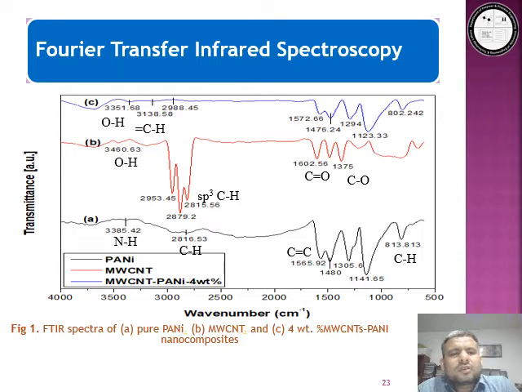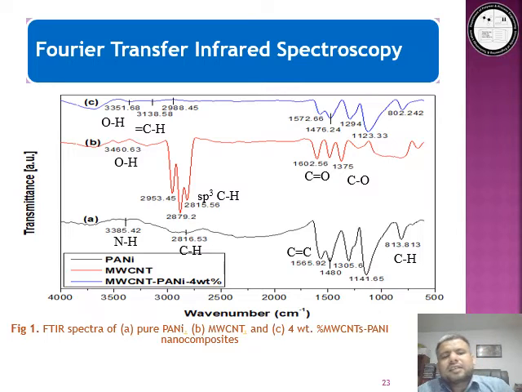In the Fourier transform infrared spectroscopy figure, you see the spectrum of PANI, or polyaniline. A peak at a higher wave number of 385 is attributed to the stretching of the NH group.